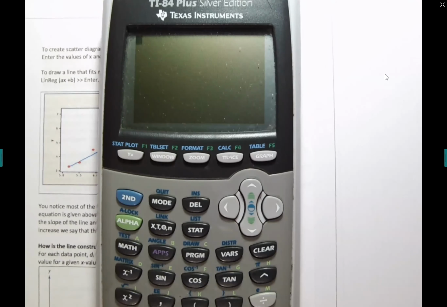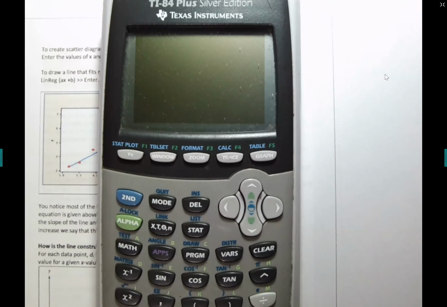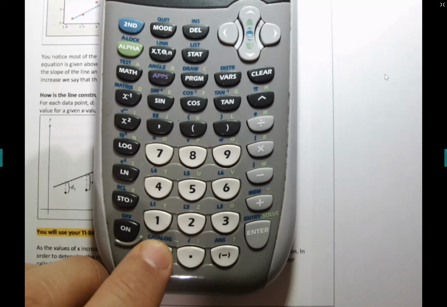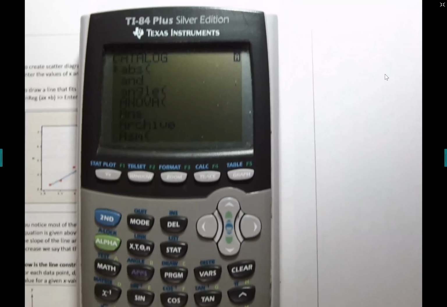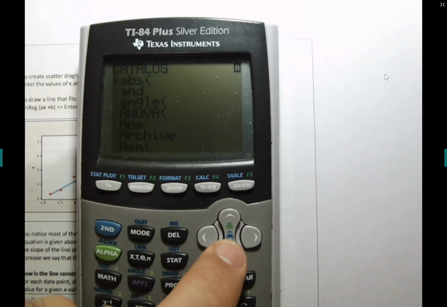So let's do this. I would like you to press the second key and then number 0. So I'm going back to 0 right here. And here's the calculator screen. You have access to what we call a catalog. And I would like you to scroll down until you see the word diagnostic on.